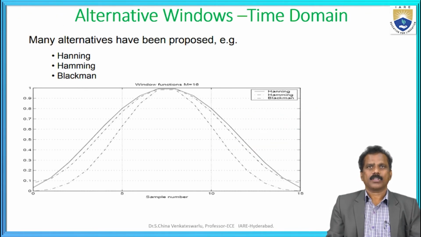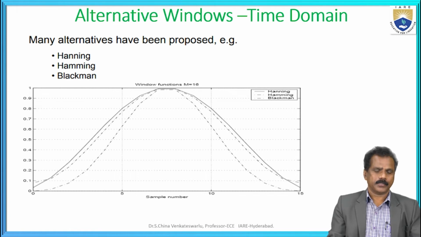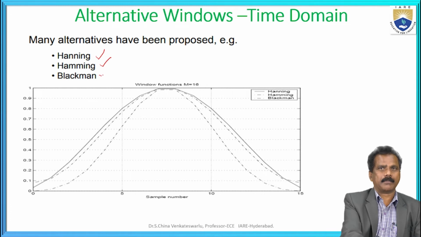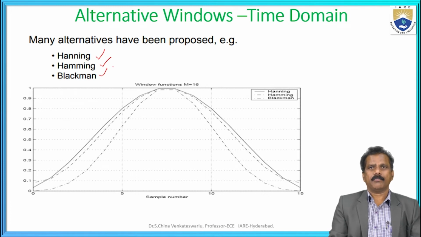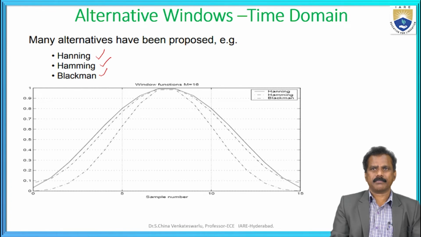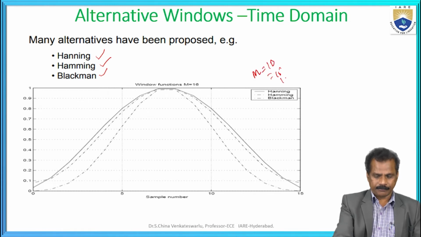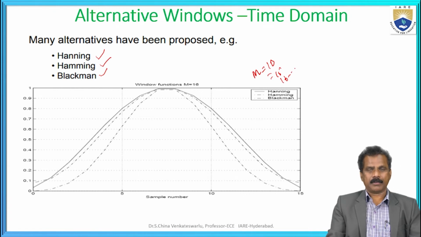Alternative windows in the time domain: many alternatives have been proposed in place of the rectangular window, such as the Hamming window and the Blackman window. If M is constant, whether specified as 10, 15, 16 or whatever, the window function varies.